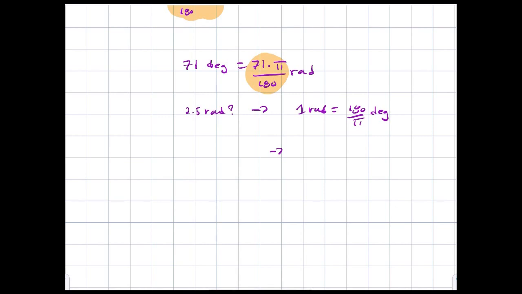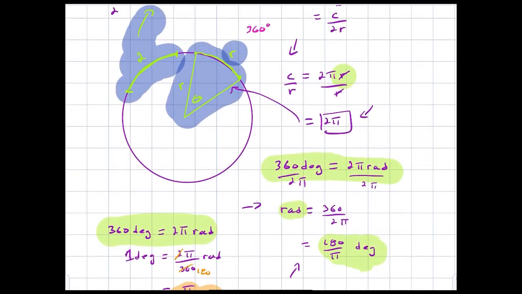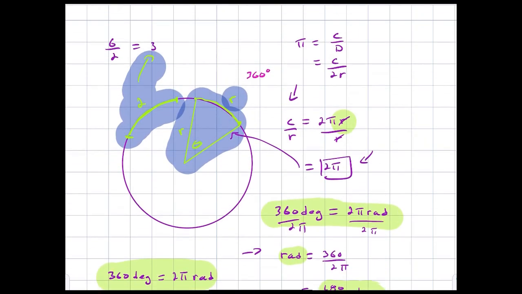Seems a bit scarier. 2.5 radians is 2.5 times 180 over pi degrees, whatever that is. And again, I can bust out a calculator for that. So that's how we convert, and that's it. Literally, that's it. And so hopefully this makes sense.